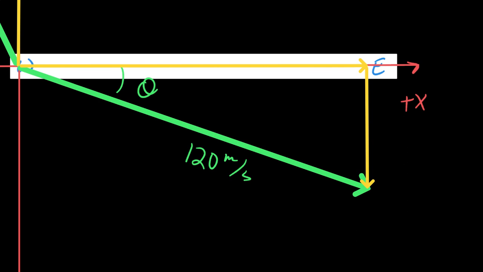Using my trig and recognizing that the opposite side is going to be 120 sine my unknown angle, and the adjacent side is going to be 120 cosine my unknown angle. Any questions about where I got those values from? Are we good to move on?